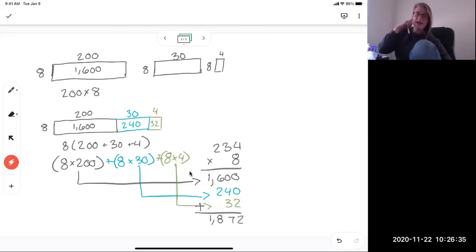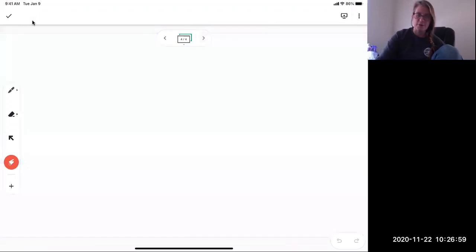So when you're looking at finding the area, essentially, you're just doing the partial products, but in rectangles. And then we add them up, and our answer is 1,872. Okay, let's do another problem.